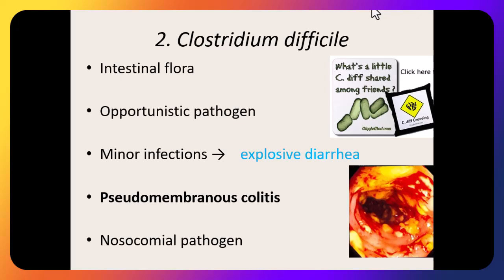We call it C. diff, which again, you're never supposed to shorten the species, but we do. We call it C. diff. But if we changed the name to Peptoclostridium difficile, what are we going to have to call it? P. diff. Like, no. There's no way.